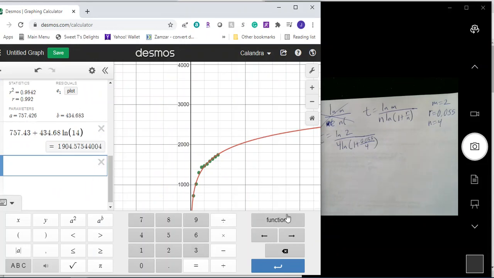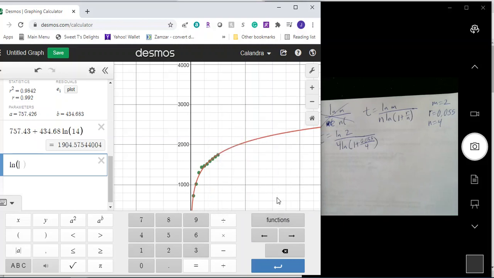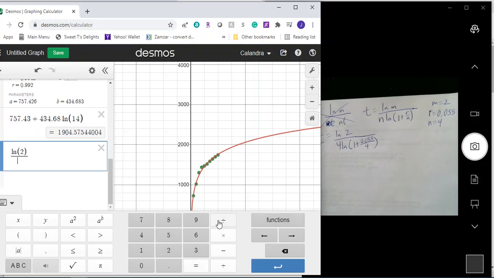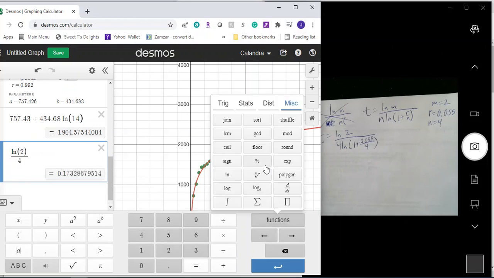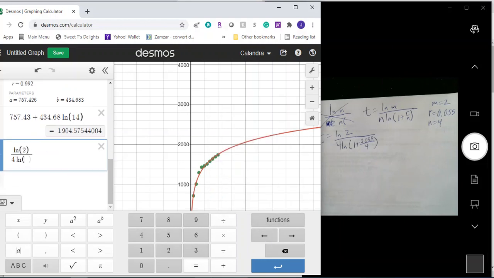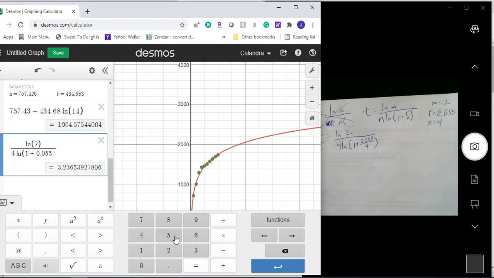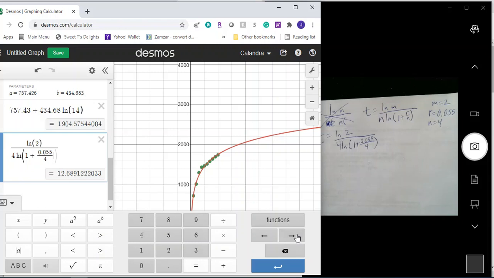We had natural log of 2. Then we could hit the division sign. So that would be our numerator. Our denominator would be 4 times the natural log. In parentheses, we have 1 plus 0.055 divided by 4. Press this arrow here. Close off that parenthesis. And we have our answer here.